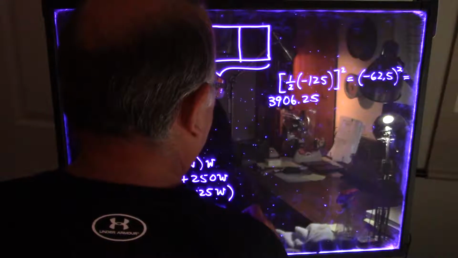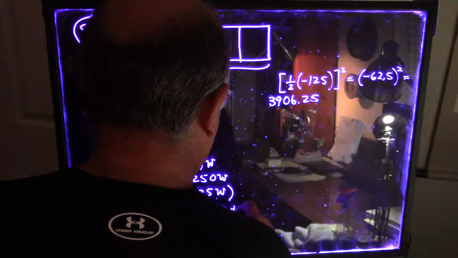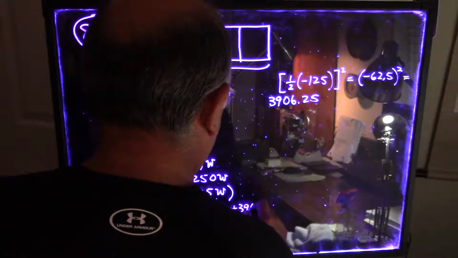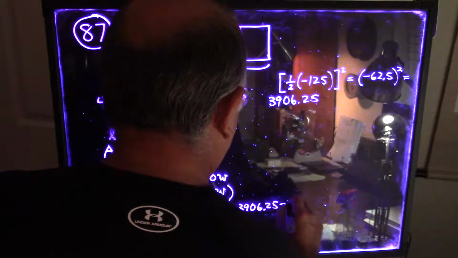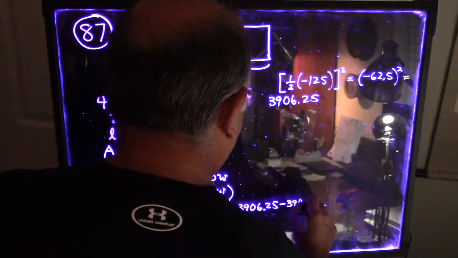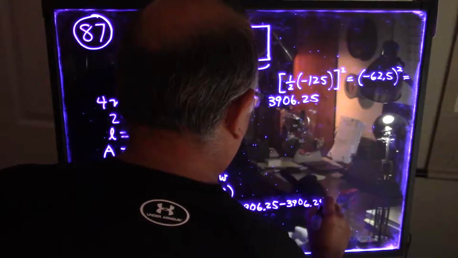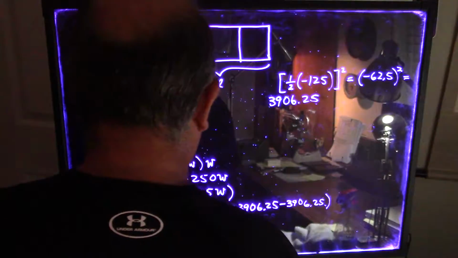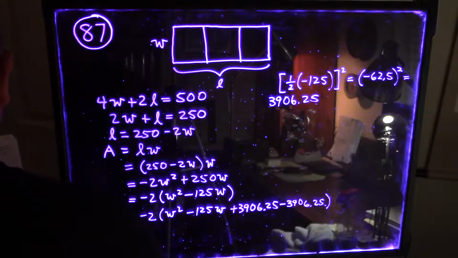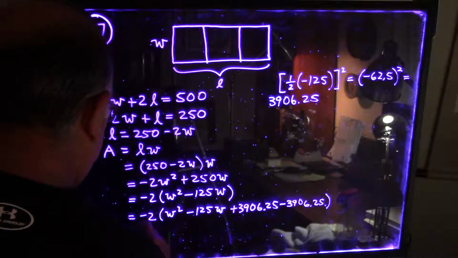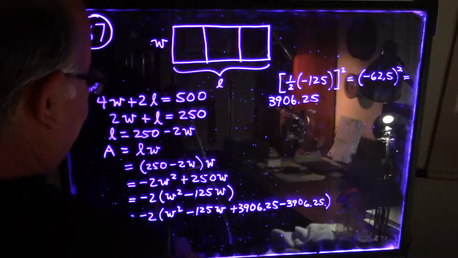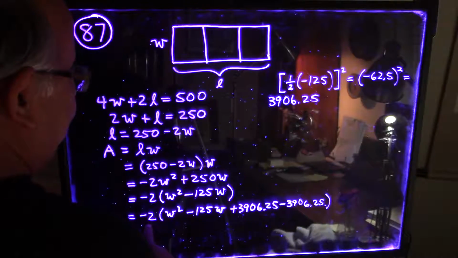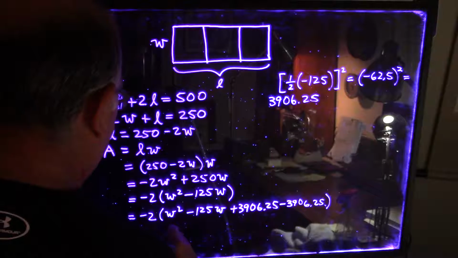Okay, so you've got plus 3906.25 minus 3906.25, like that. And then we bring this last term out of the parentheses, but first you have to multiply it by negative 2, and then you can move it out.